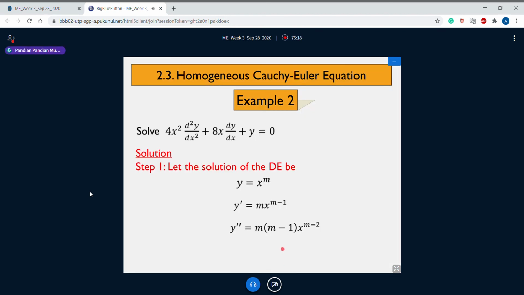Now, this is another example: a second order homogeneous Cauchy-Euler equation. So here you have A is 4, B is 8, and C is 1.